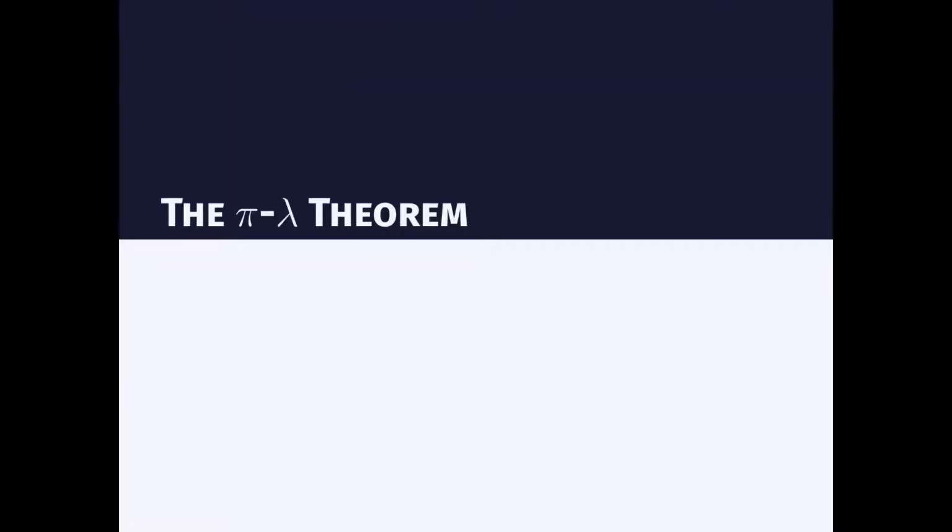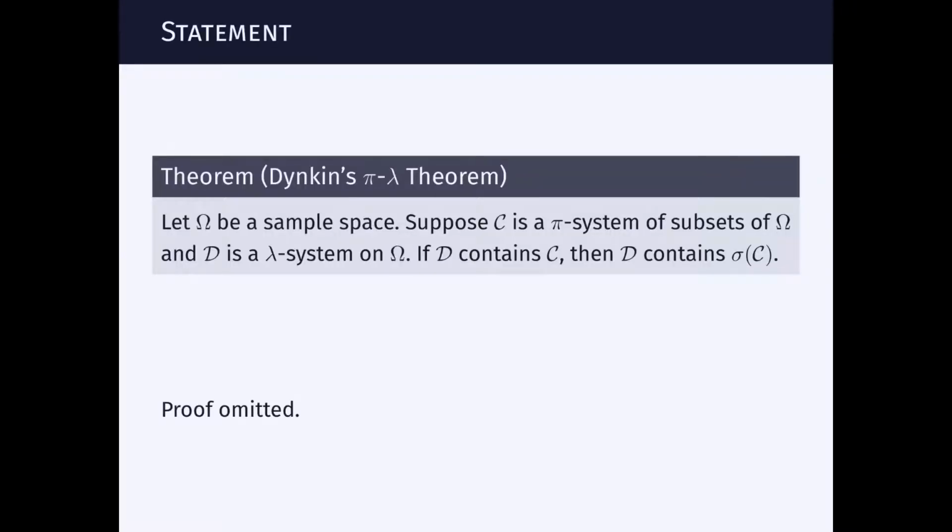And this is exactly provided by the pi lambda theorem. Here is the statement of the theorem, and it is exactly what allows us to get from two classes that have different types of structures to say that we can boost that to taking a sigma algebra generated by the smaller and usually simpler of these classes.